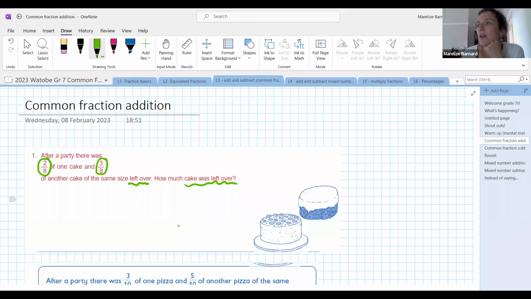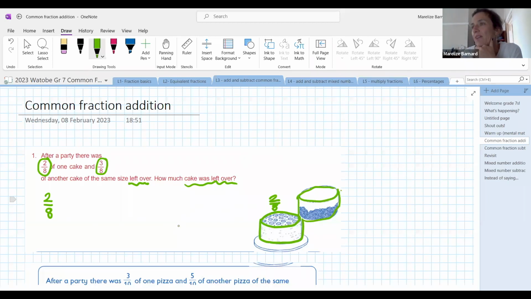Okay, so how can we think about this? If I have 2/8 of one cake, here's my cake. Let's say it's this one over here. And it was cut into 8 slices, and now all of it was eaten except for 2/8. Same size cake over here.